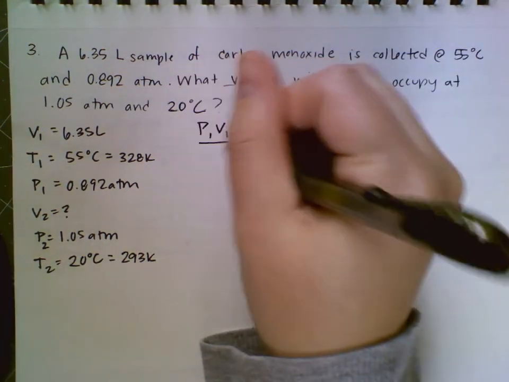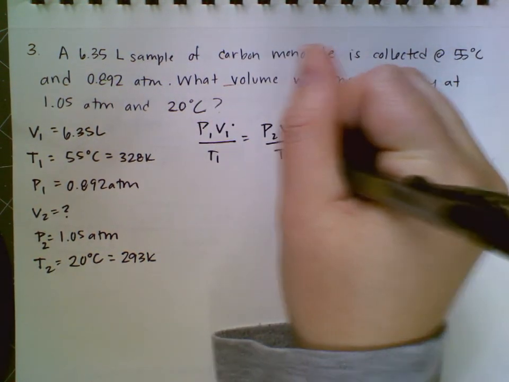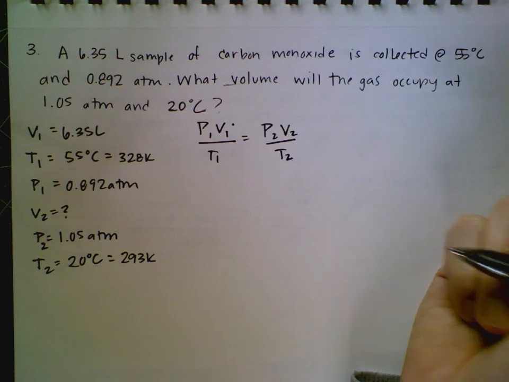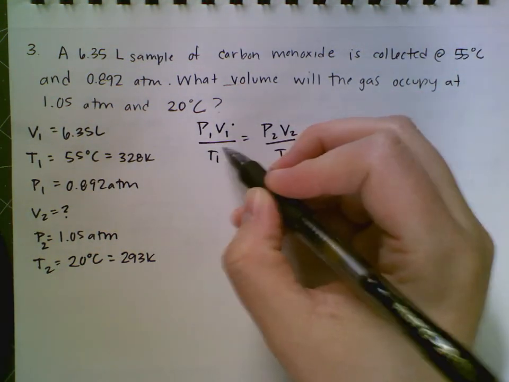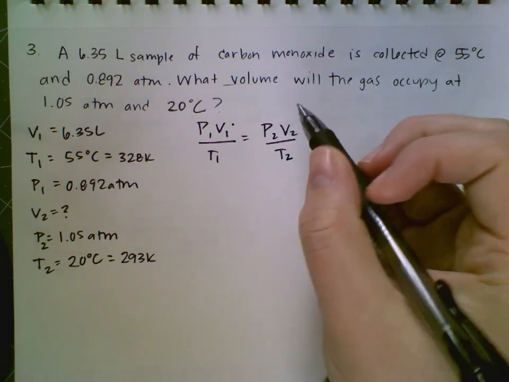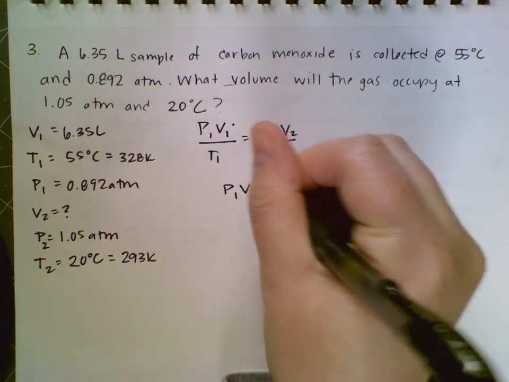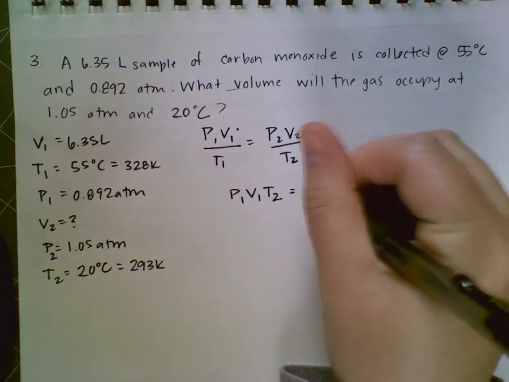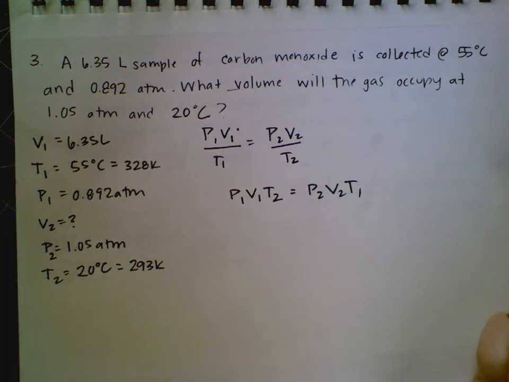P1 V1 over T1 equals P2 V2 over T2. We are solving for V2. So we're going to cross multiply and divide to get our variables all figured out. So we've got P1 V1 T2 equals P2 V2 T1. Lots of letters and numbers here.